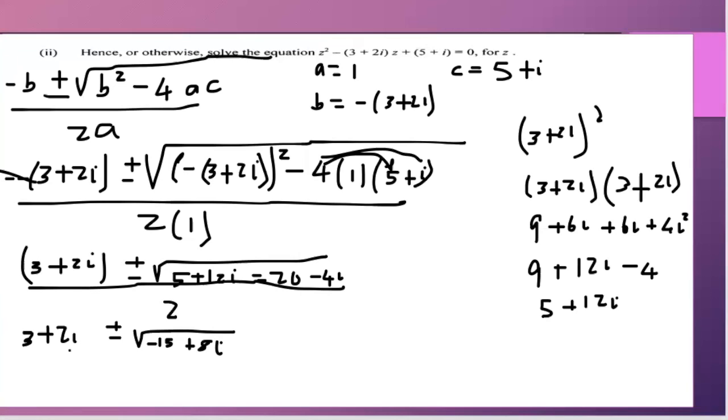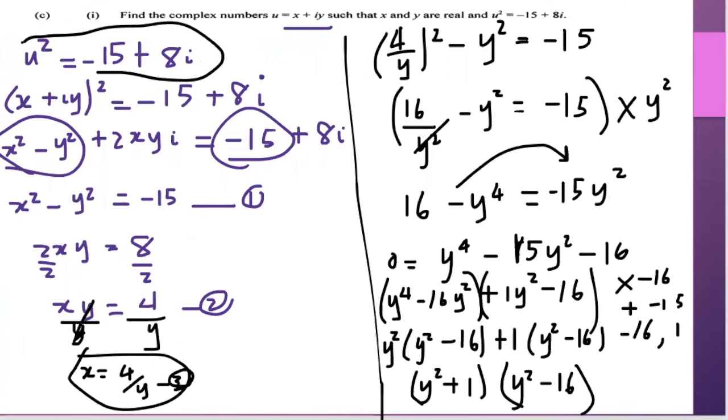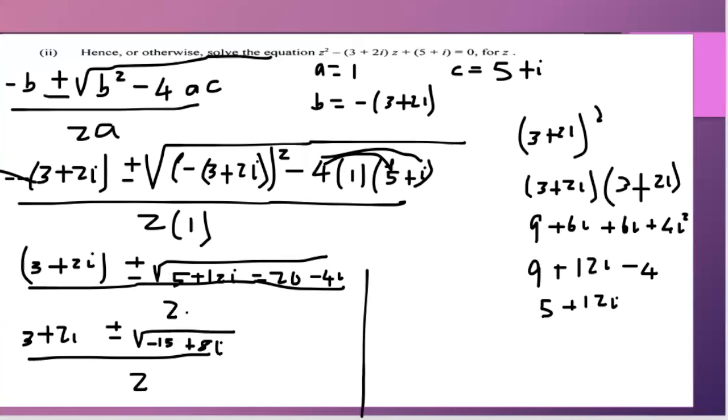I have minus 15 plus 8i. It's coming from part 1. Let's look at part 1. Now, u squared is equal to minus 15 plus 8i. So if I square root both sides, that's going to give me u equal to the root of negative 15 plus 8i. That's what we have on the page here.